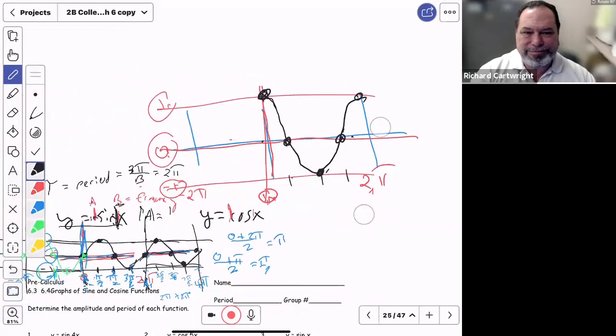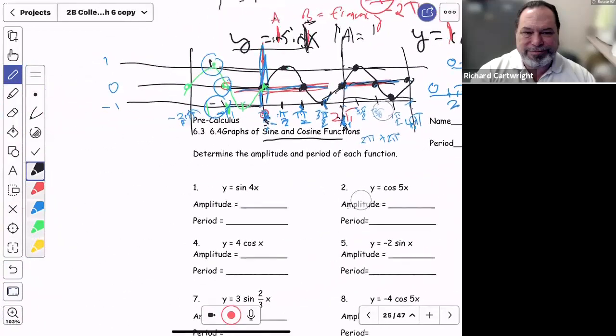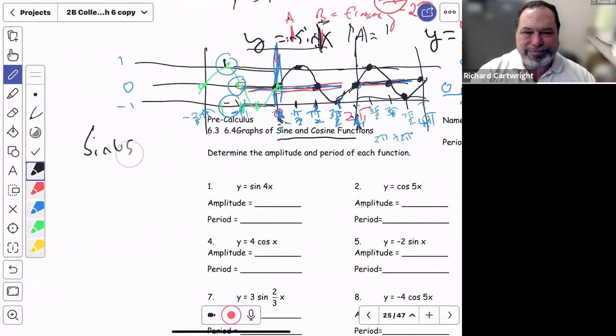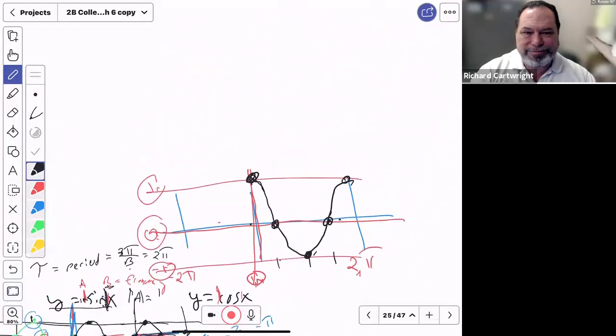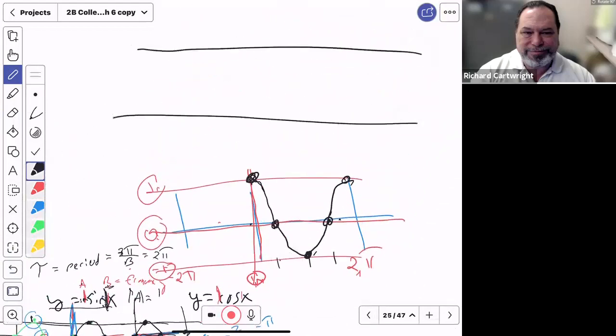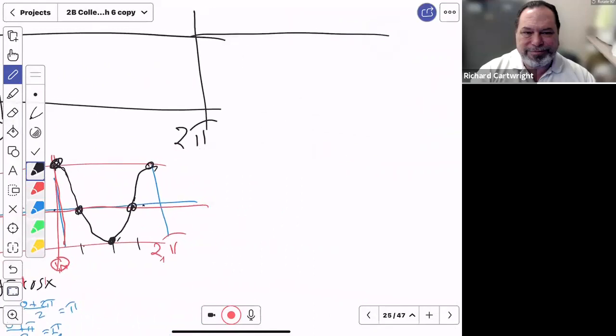Now, the title of this paper was Graphing Sines and Cosines. I'm going to call this sinusoids. They're all sinusoids. Why do I mean a sinusoid? Just for fun, here's my 0 to 2 pi, and maybe I'll even go to the 4 pi again.